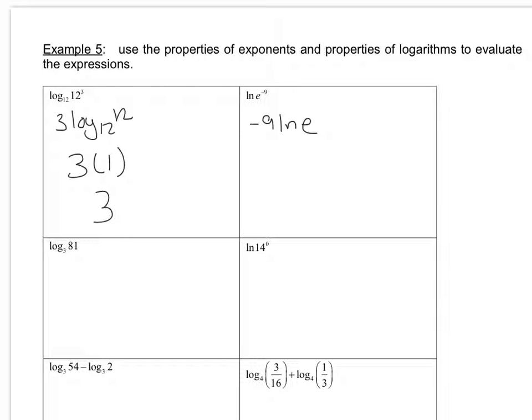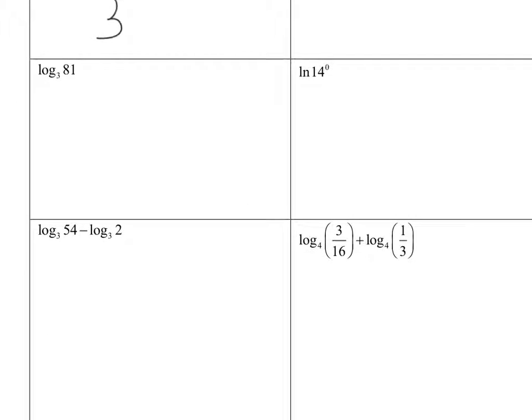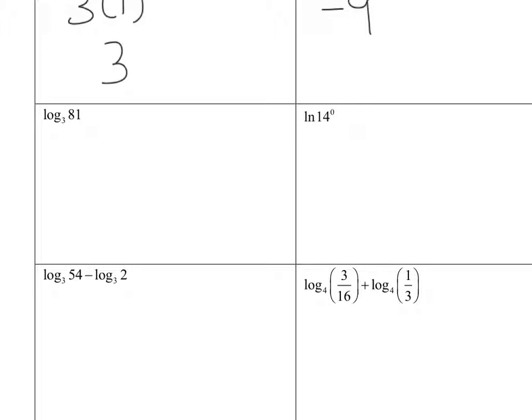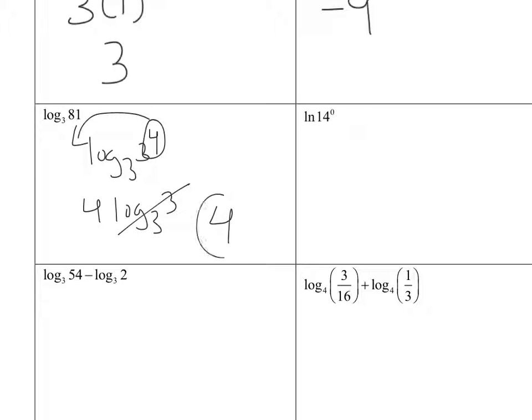And again, the base of the natural log is e, which matches the number e. So that's 1, so it's negative 9. Okay? Here, if I change this, I have log base 3, and this is 3 to the 4th. Bring it down the front, you get 4 times log base 3 of 3. Base matches, so it's 1, so you have 4.